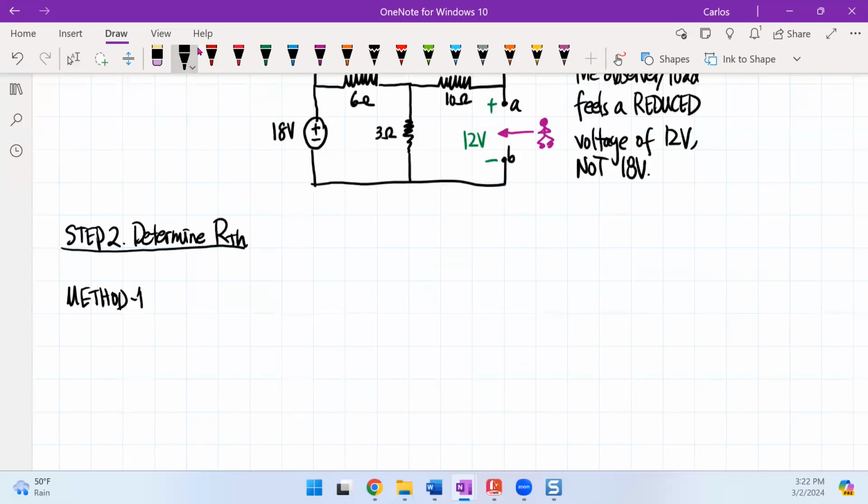Method 1: only valid for independent sources.